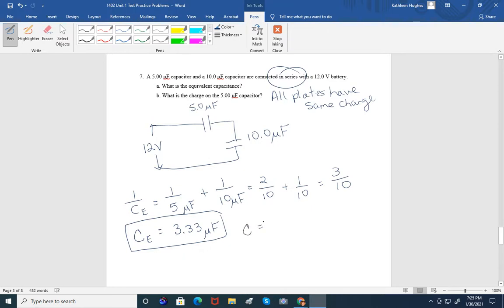Well, C equals Q over V. So our formula is going to be Q equals CV. If I use my unrounded value, which is 10/3 microfarad times my voltage, which is 12 volts, I get exactly 40 microcoulombs.